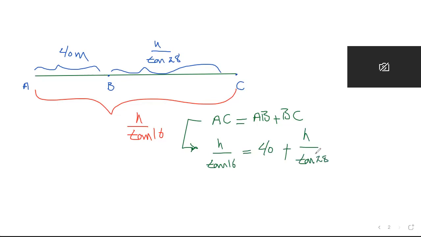And now things are turning into a basic one-variable equation. The only thing that we do not know in this equation is h. During the test, you have the calculator to find tangent of 16 and tangent of 28. So that we can do.